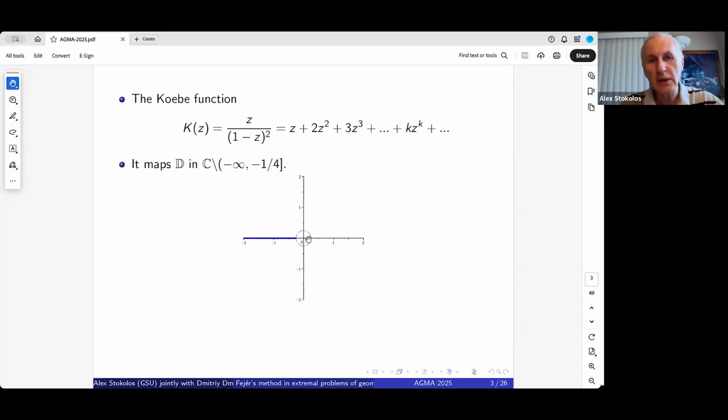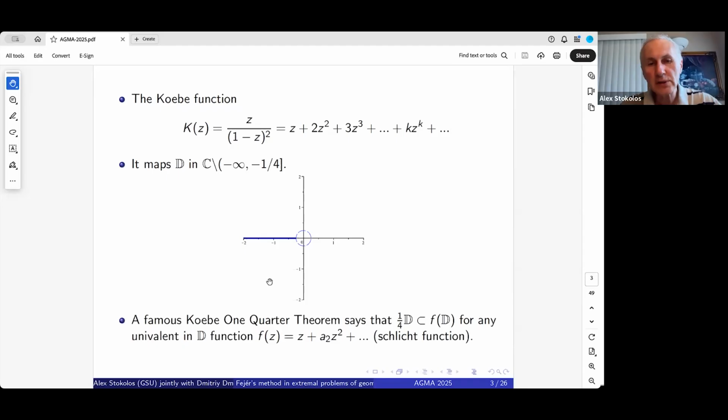It's a slit domain, and there is a disk of radius 1/4 inside it. There is the famous Koebe 1/4 theorem, which says that with this normalization, any analytic and one-to-one function in the unit disk, a so-called Schlicht function, has an image containing the disk of radius 1/4, and 1/4 is sharp. You can see why it's sharp on this picture.